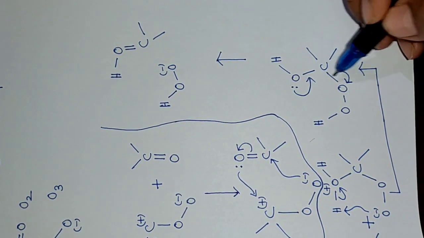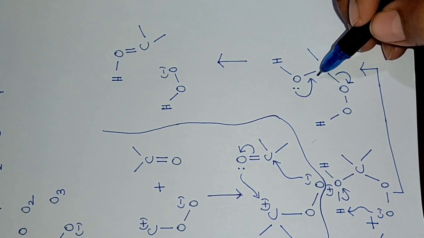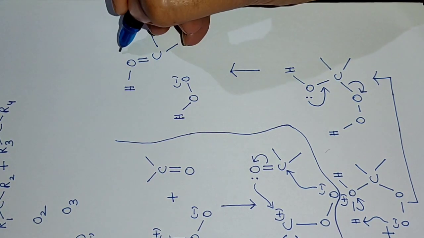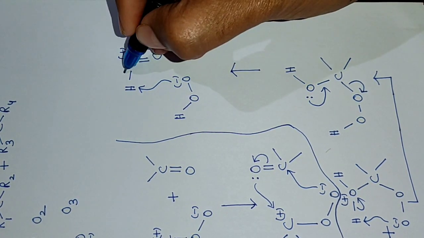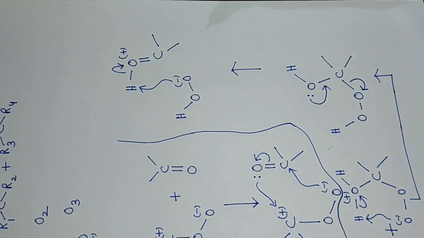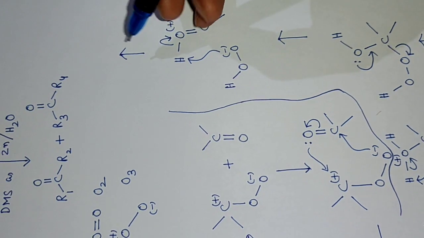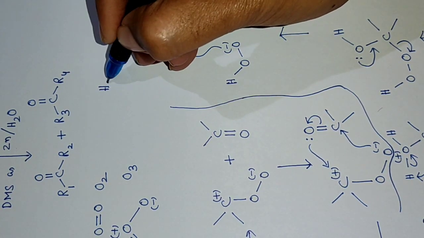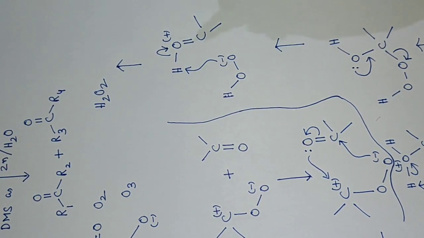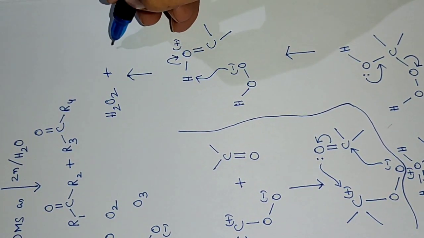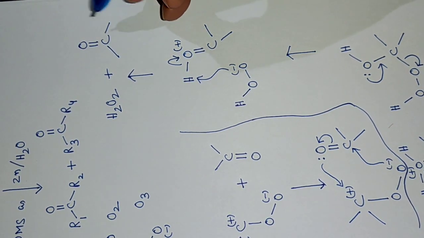Since this unit is released, we will have a negative charge here. This will form a pi bond and there will be plus. Now this will extract this proton to neutralize this species. So we will end up with H2O2, H-O-O-H, and the other carbonyl product.